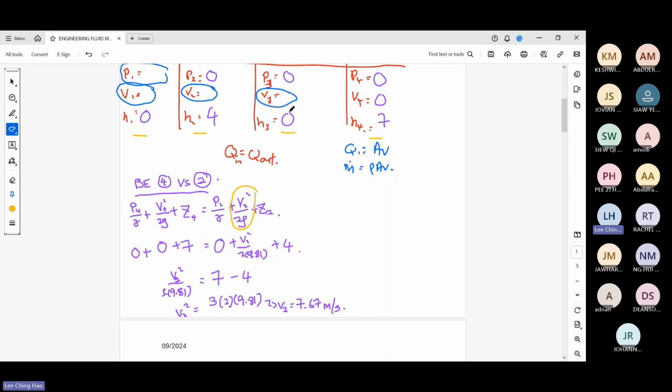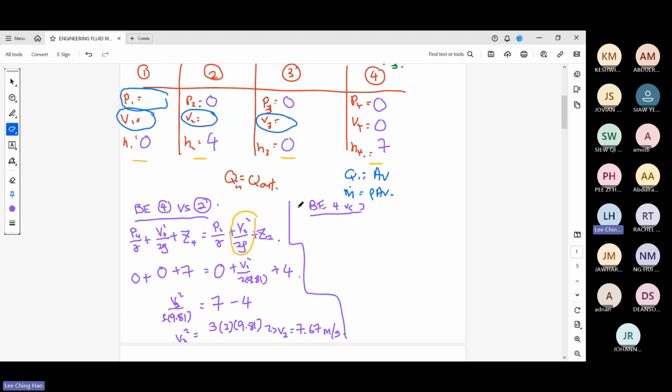Now you found your V2. Same thing goes to your V3. Bernoulli equation 4 versus 3, I'll make it a shortcut. I do not copy the equation anymore. Again for 4 the first part will be the same, and then for 0.3 again plus V3 squared over 2 times 9.81 plus 0.